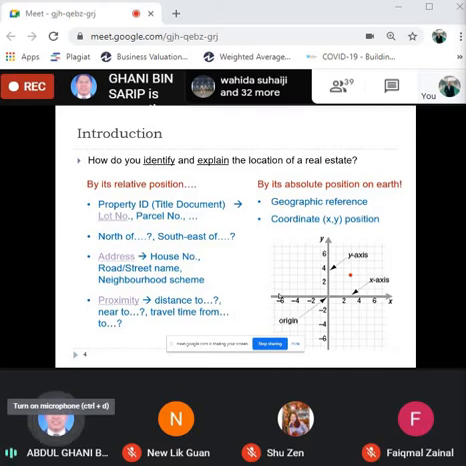This is a way of telling or informing us about a specific location on Earth. So any position on Earth in geography or GIS concepts would simply have this coordinate XY position.